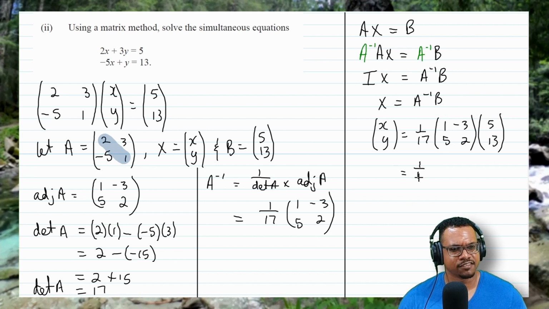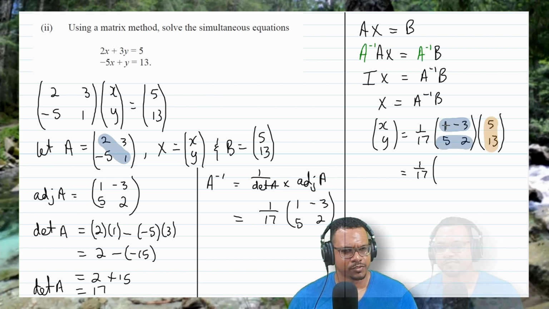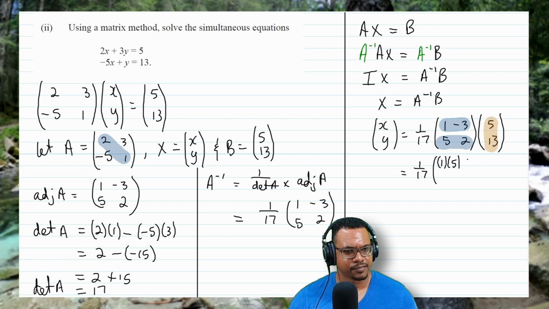So we're going to have 1 over 17 times, and we're going to have rows in the first matrix times columns in the second matrix. So we're going to have 1 by 5 plus negative 3 by 13. Then we're going to have 5 by 5 plus 2 by 13.